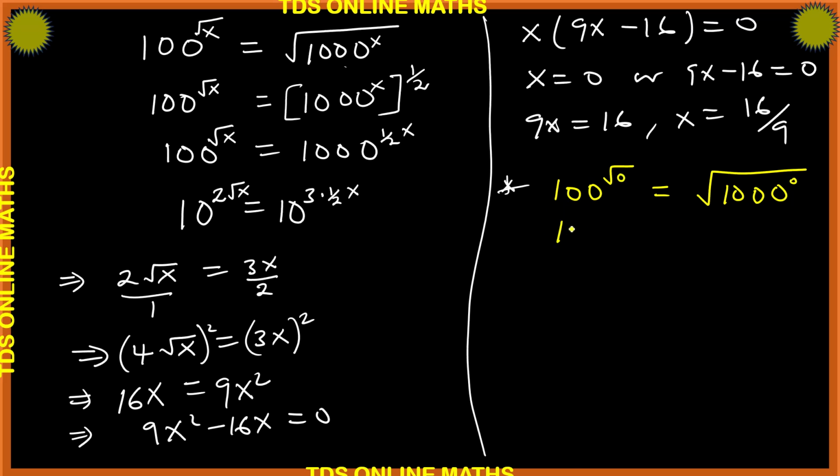This side will be 100 to the power 0 because the square root of 0 remains 0. Any non-zero number to the power 0 is 1, and this side too will be 1. The square root of 1 is 1. So we have 1 equals 1.